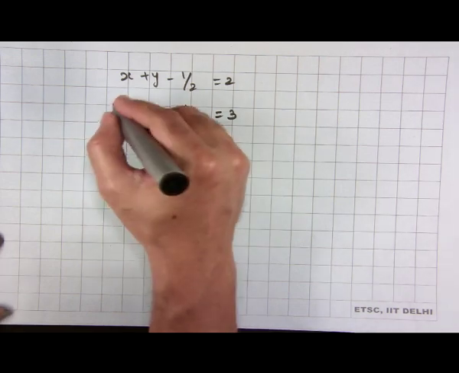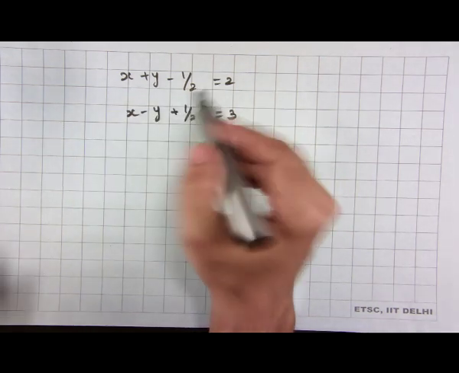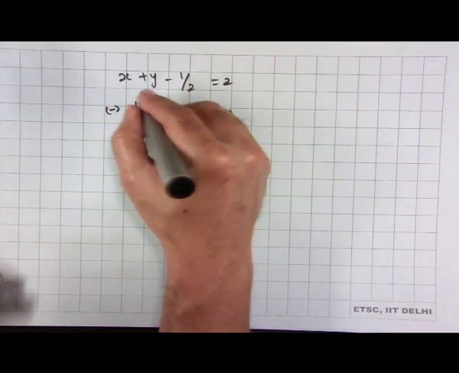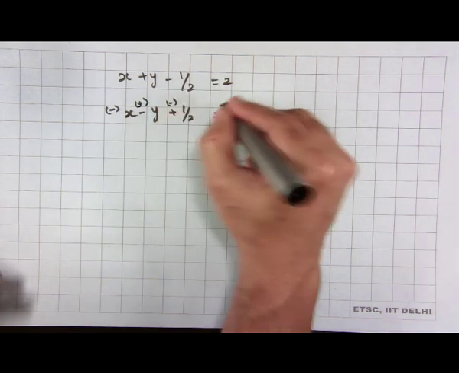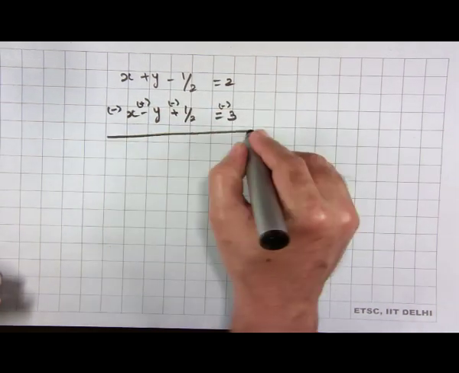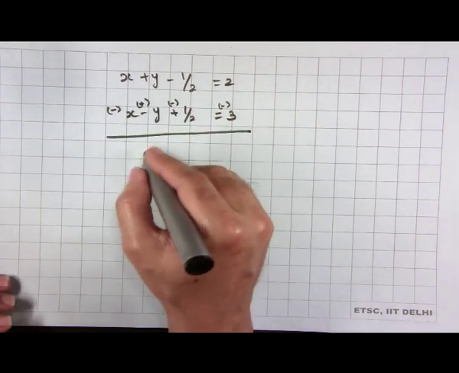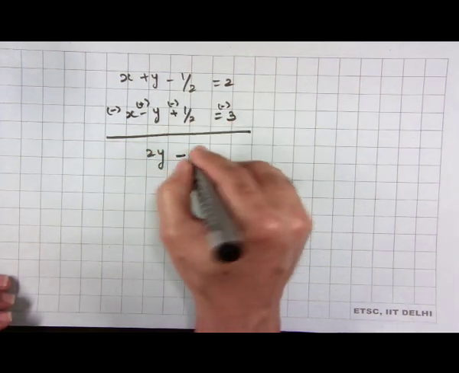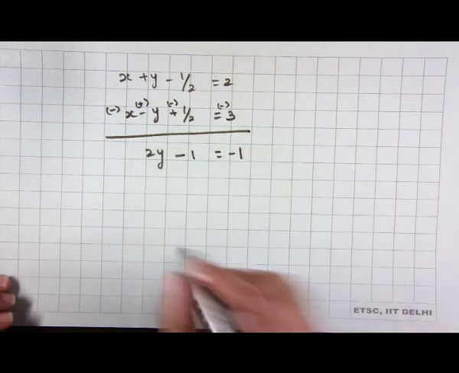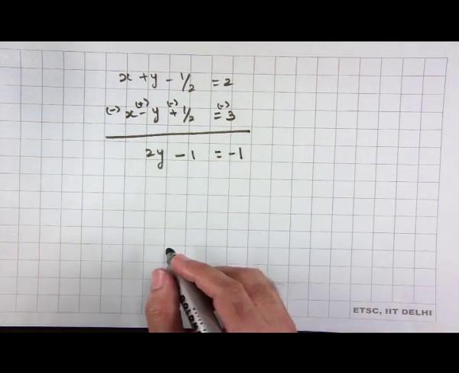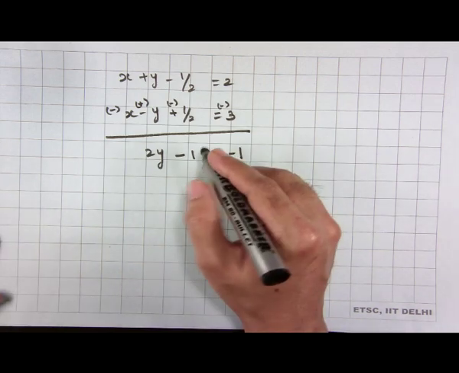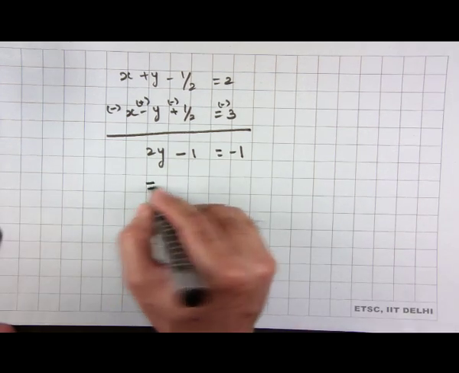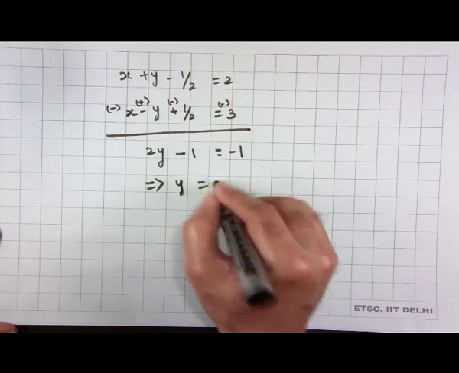Now, let us write down the same set of equations: x plus y minus half equal to 2 and x minus y plus half equal to 3. Let us subtract the second from the first. Now x gets cancelled and what we will have is 2y minus 1 equal to minus 1, that shows that y is 0.